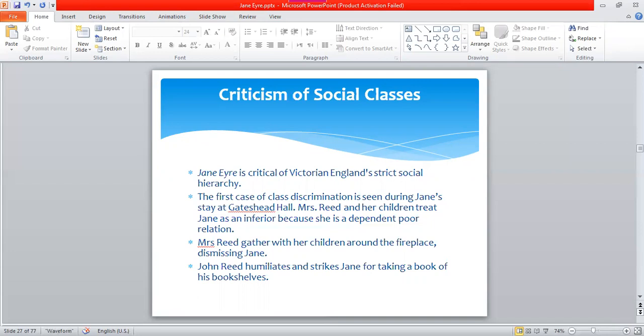Mrs. Reed and her children, particularly John, treat Jane as an inferior, or someone below their social standard, because Jane is a dependent poor relation.